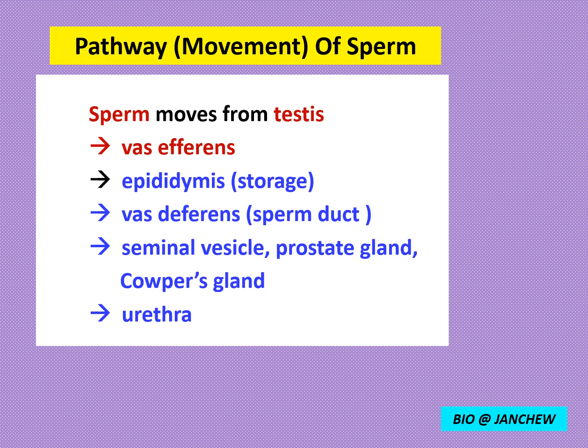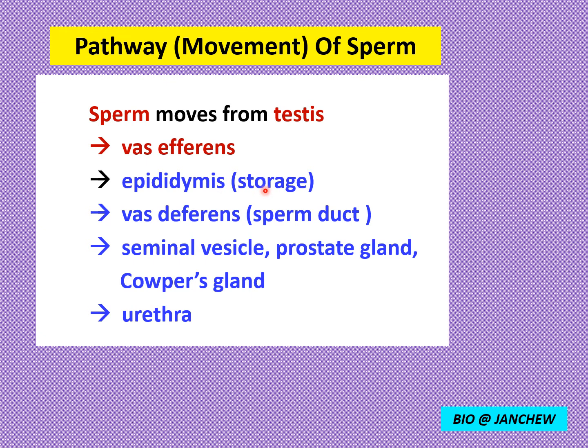So sometimes you can be asked to trace the pathway of the movement of sperms. Alright, so the sperm is produced in the testis. Then it is moved from the testis into the vas efferentia, and then into the epididymis, where it is stored.